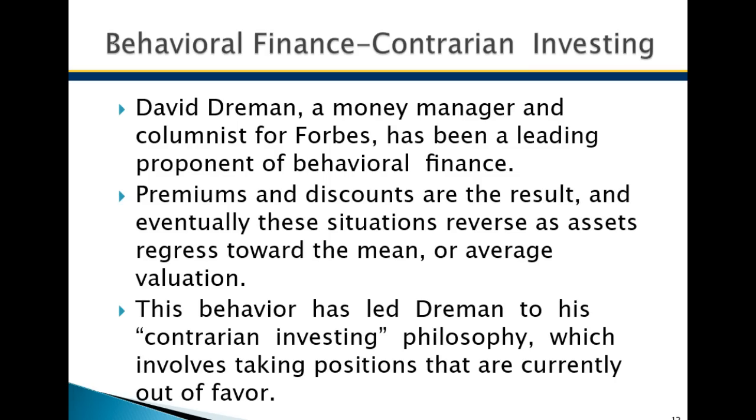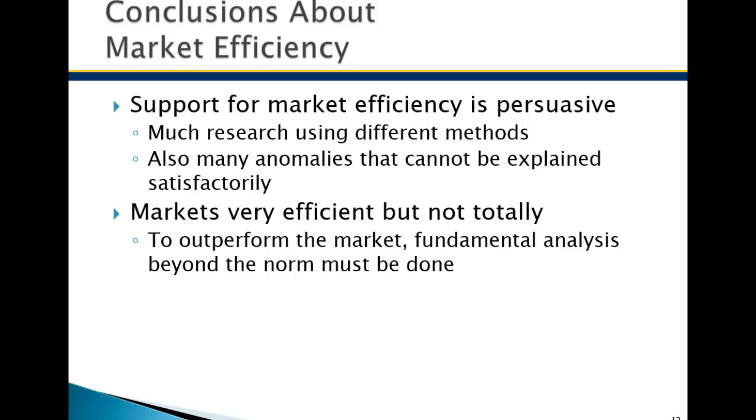In a lot of cases, it's taking positions that are out of favor with what the general public is viewing. So, some conclusions about market efficiency. There is some support for market efficiency, and there's a lot of research that does show at least the weak form and semi-strong form have some definite support, that the markets have a level of efficiency.